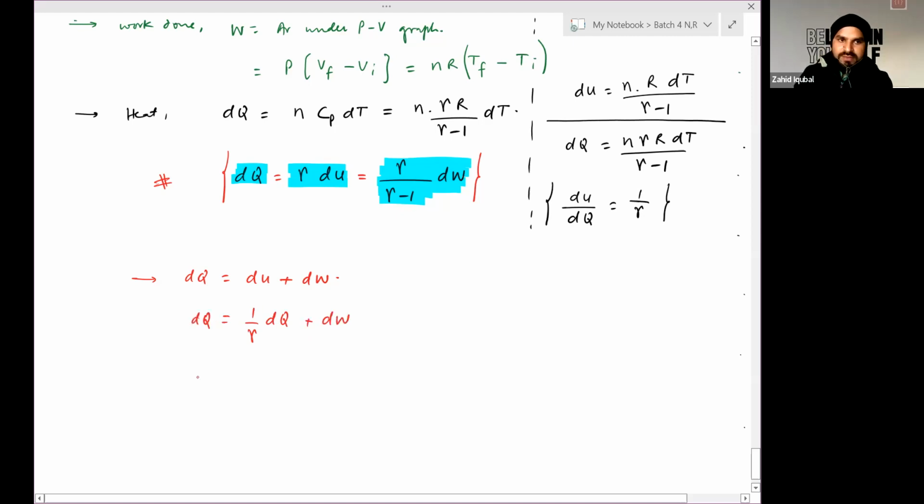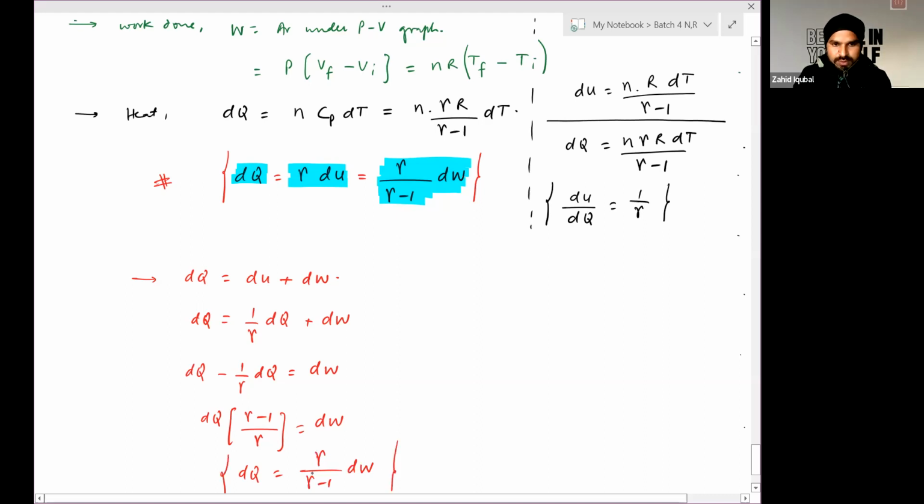Move this dQ to the left side, equals dW. Take dQ common. Then on taking LCM, you're left with this part. Now move all the quantity to the right side. So dQ will be equal to gamma divided by gamma minus 1 times dW.